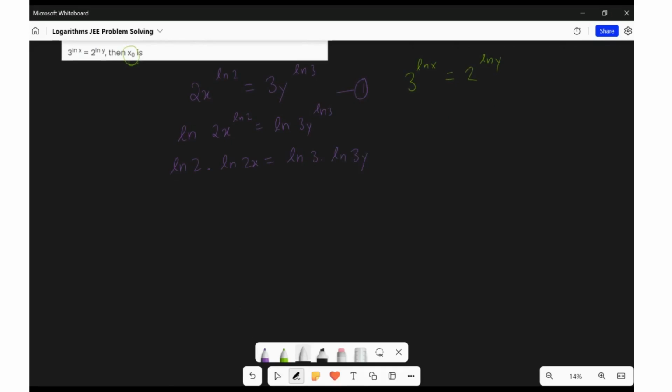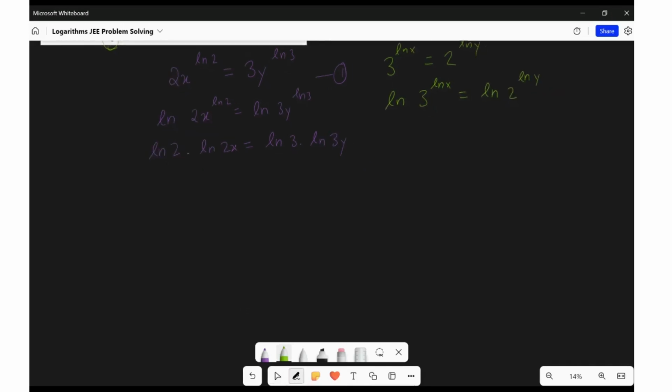Now for the second equation, ln of 3 to the power ln x is ln of 2 to the power ln y. Now ln x into ln 3 is equal to ln y into ln 2.